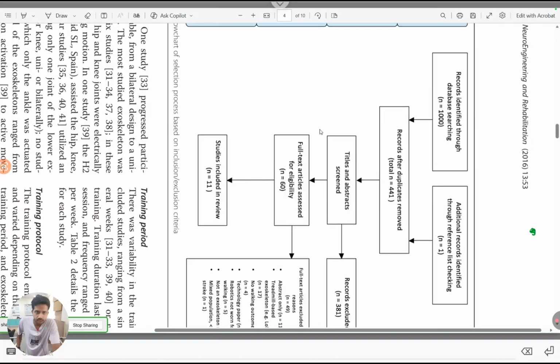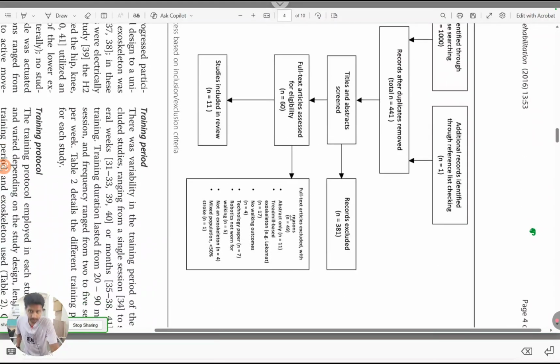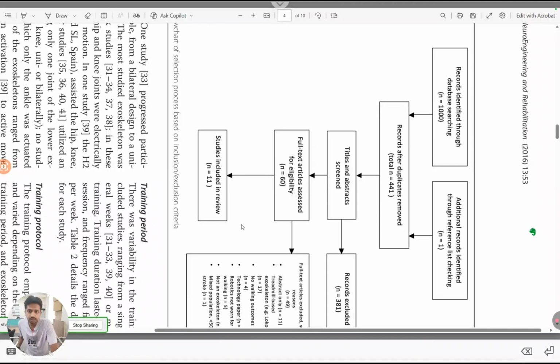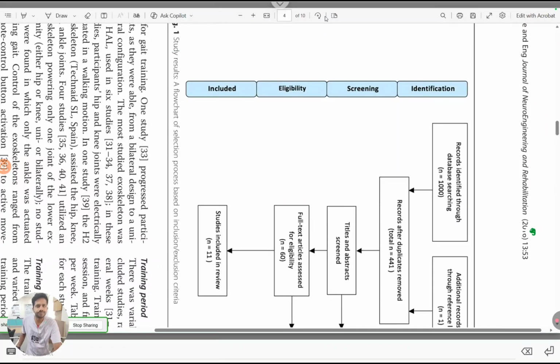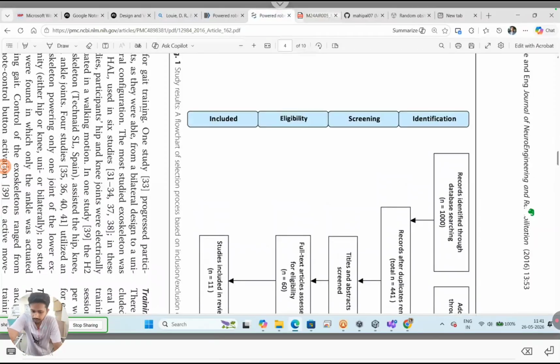Okay, and now eligibility: full-text articles assessed for eligibility, and you can see the studies included in the review. Okay, fine. So this is page number 4 out of 10.